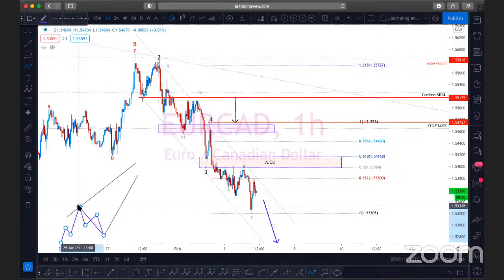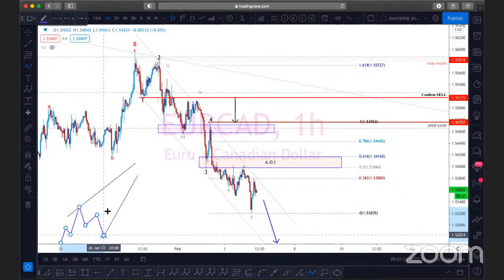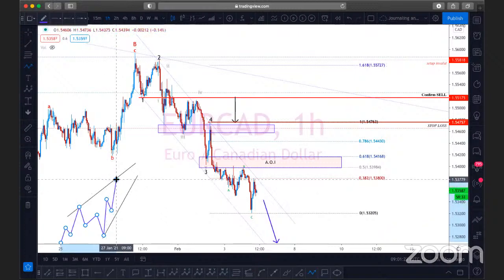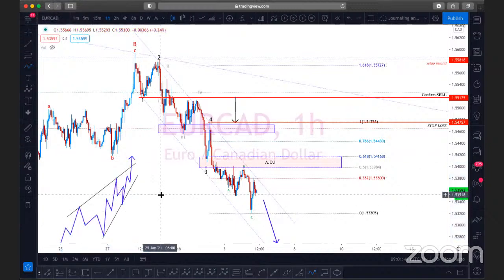So this 3 waves up would be wave 1, this down would be wave 2, have 1, 2, 3 waves up to give you wave 3, 1, 2, 3 waves down to give you wave 4, 1, 2, 3 waves up, which generally overshoots the trend line to give you wave 5.